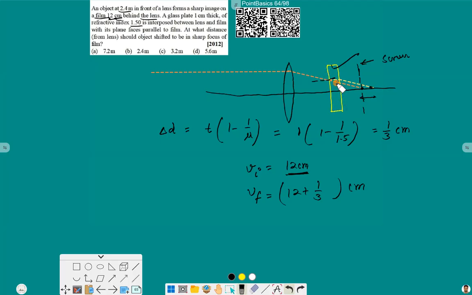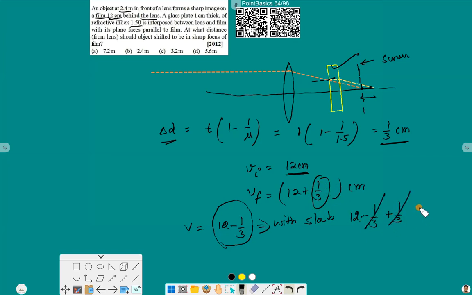So we know that this shift due to the glass slab is constant. So if somehow we adjust our value of V to 12 minus 1 by 3, then with the slab, this will become 12 minus 1 by 3, plus due to the slab we have 1 by 3 extra.